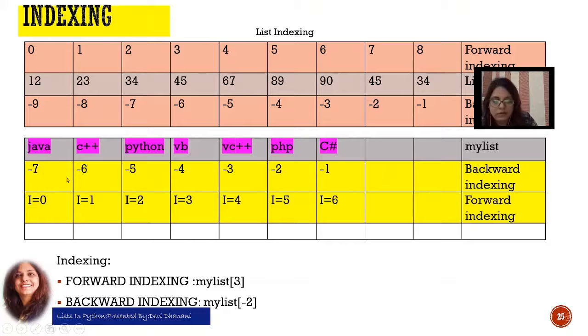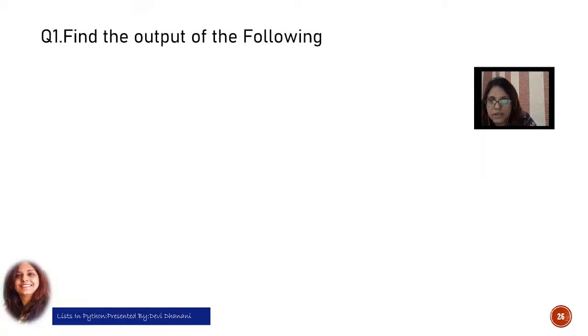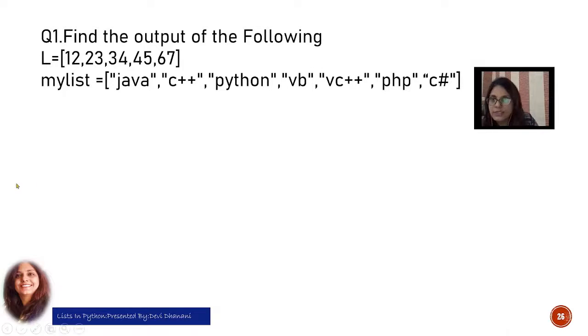So, assuming that this is my list over here and I write print mylist.pop. Now, what is going to happen in this case?